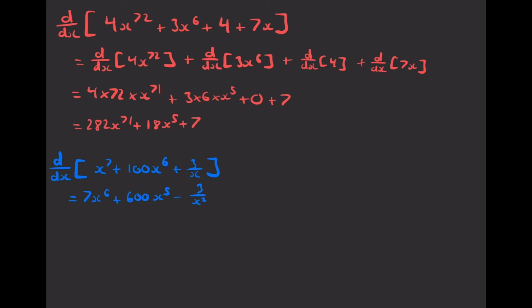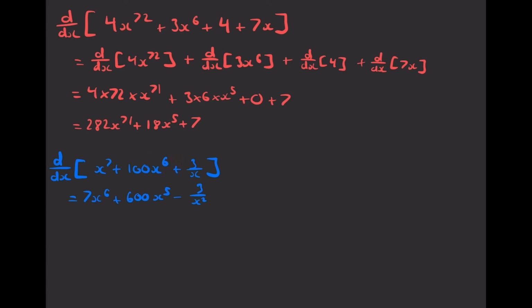Now, just to make sure you guys are on track with me, we took the 7 on the exponent and brought it down to the coefficient, and we subtracted the exponent by 1 and got 6 by our power rule. Similarly, we took this exponent of 6, brought it down, multiplied it by 100, got 600 based on our power rule, and got 600 times x to the power of 6 minus 1, which is x to the power of 5.